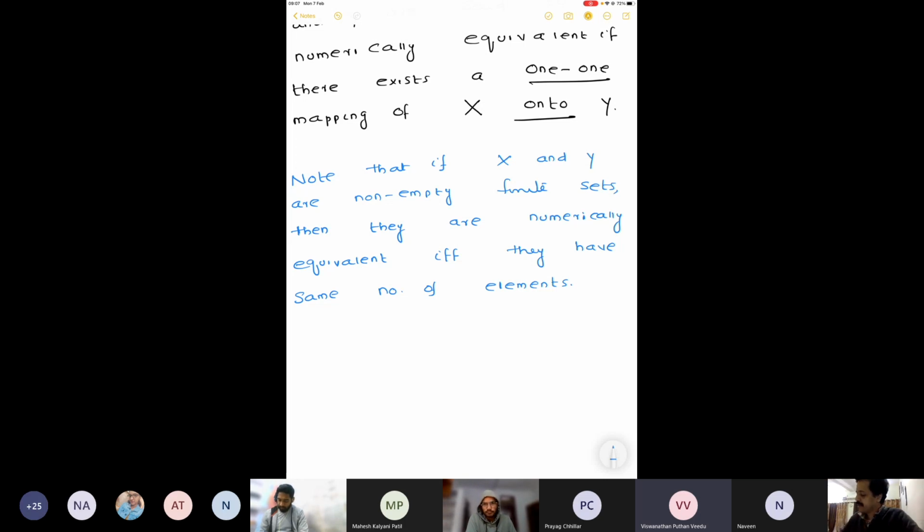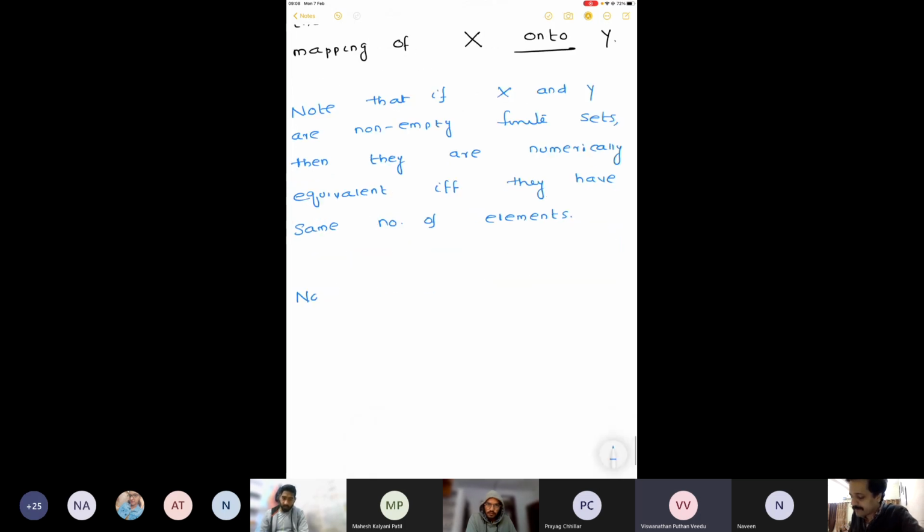Now, the number of elements in a countable set. When I say countable, here I mean countably infinite. A denumerable set is given by a special notation. I don't know whether you remember it or not.